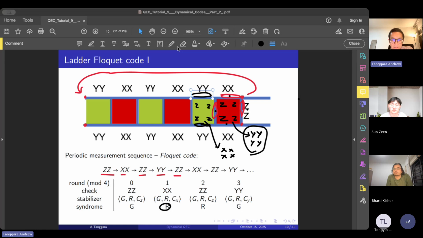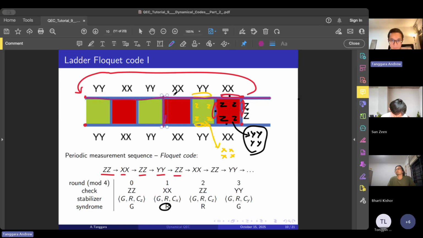But yeah, regarding the logical operators, sorry, I don't have it typed down here. I just want to switch to a new color. So you're gonna have this one loop logical operator that wraps around this ladder plaquette. But the other logical operators are gonna be something that goes vertically.